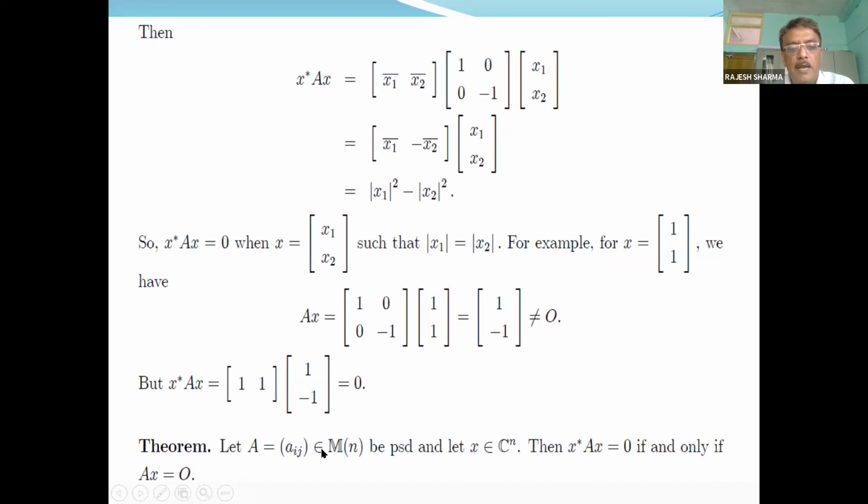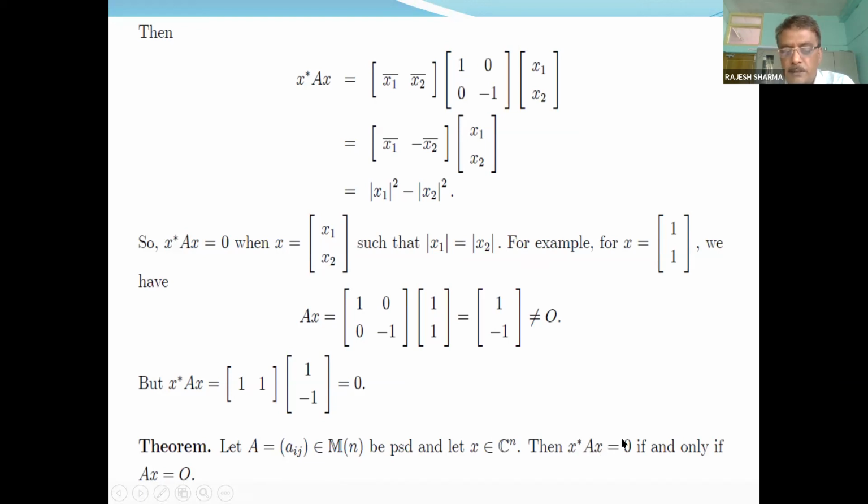Now next theorem: let A equal to Aij belong to Mn be positive semi-definite, and x be a column vector. Then x star Ax is equal to 0 if and only if Ax is equal to 0. Note that if Ax is 0, then clearly x star Ax is 0. Now the converse part: if x star Ax is 0, then x is an eigenvector, that is, Ax is also the 0 vector.